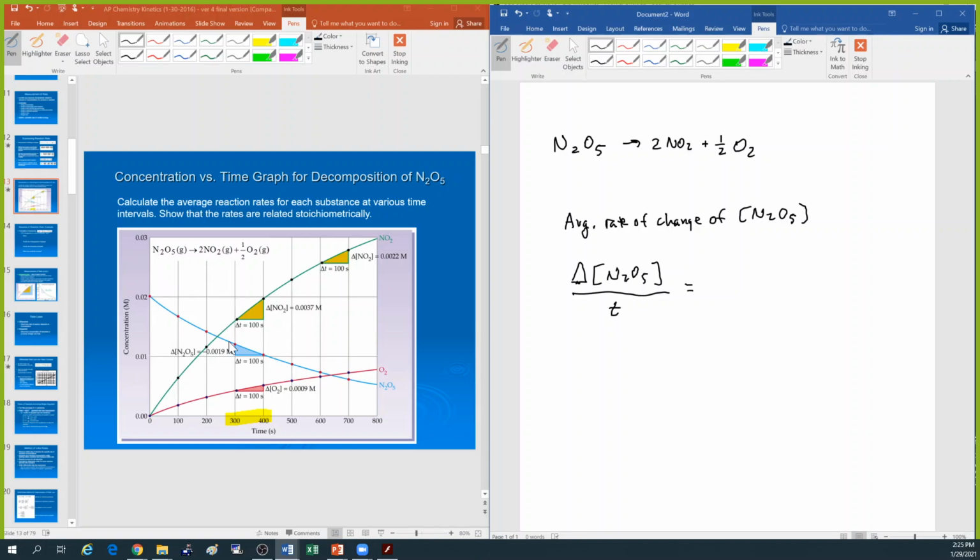Over the interval that they stated, we see the time interval is 100 seconds, right? And we see that the change in the concentration is this change in Y, and luckily it's not scaled well, so they gave us the number. It says negative 0.0019 molar. Why is it negative?